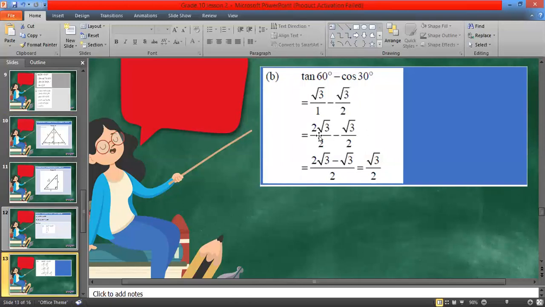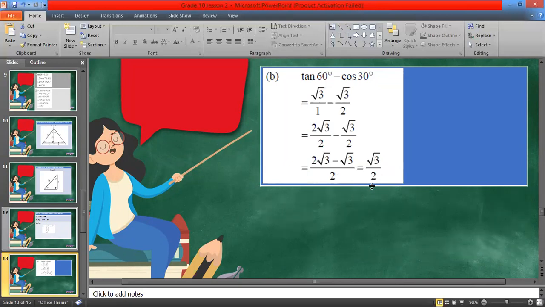Then you simplify by taking the common denominator 2, and you have 2 root 3 minus root 3 over 2. So 2 root 3 minus 1 root 3 will be 1 root 3 over 2. So basically tan 60 minus cos 30 is root 3 over 2. All right.